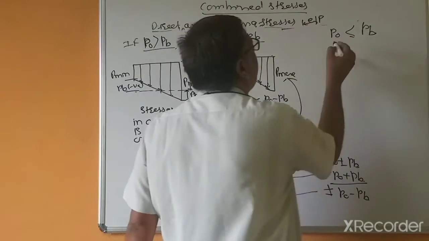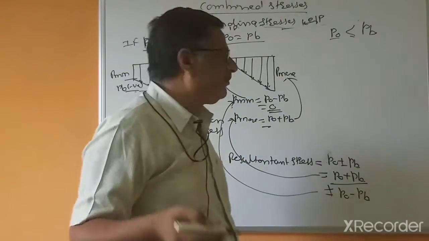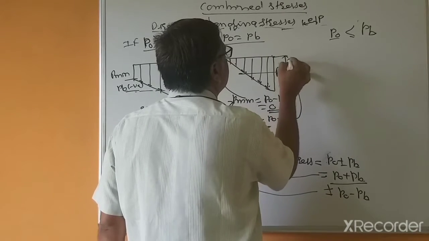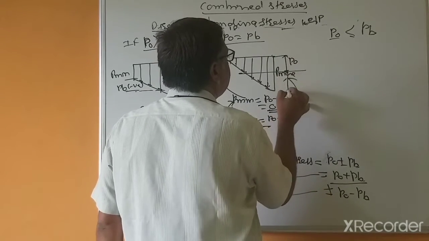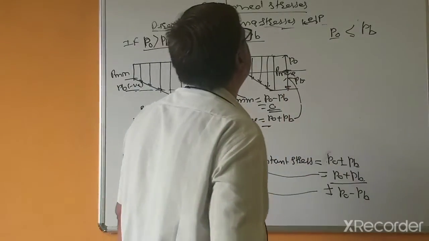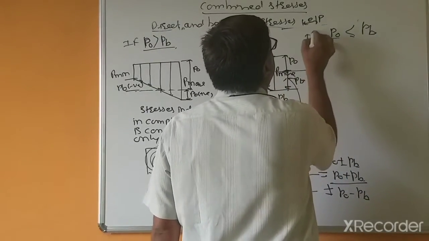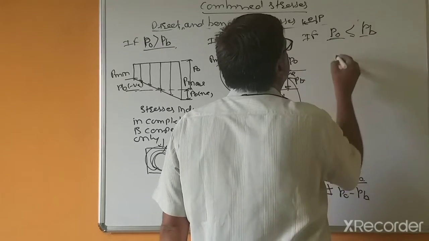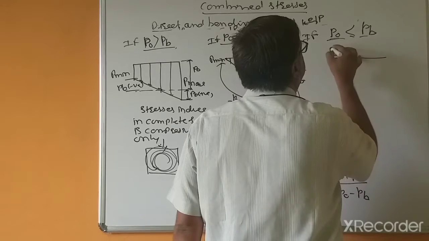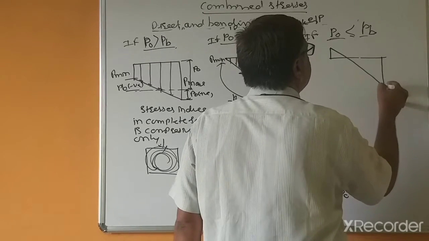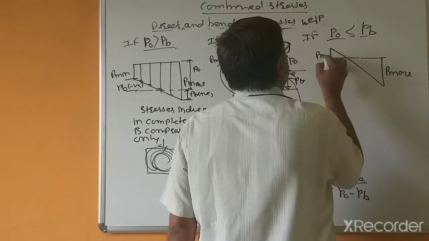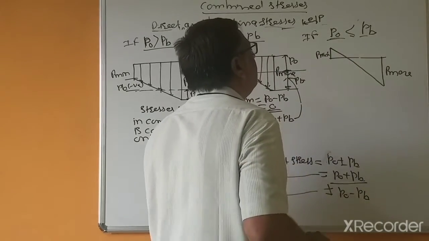When direct stress is greater, in this case, this is P0 and this is PB. In this case you will get this is P max and this is P minimum.